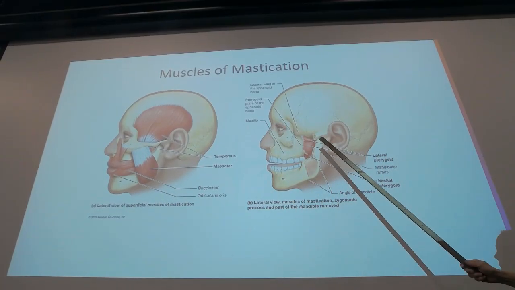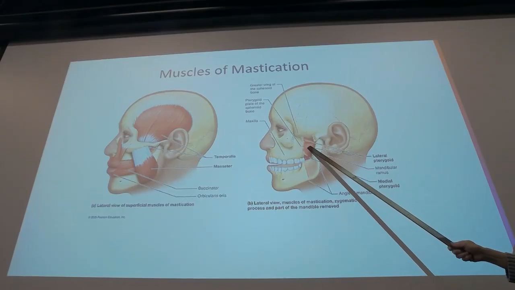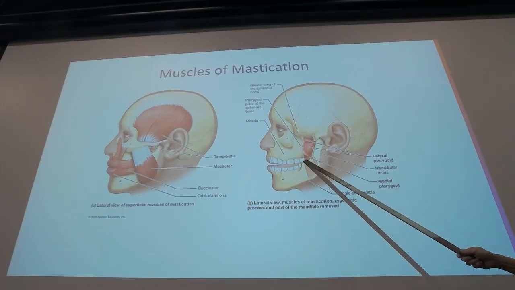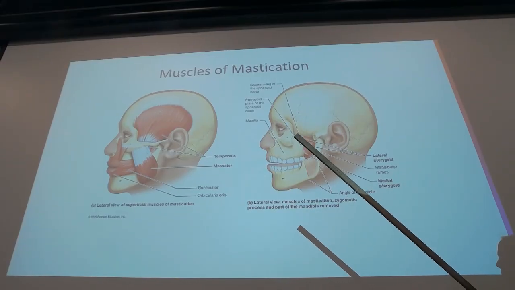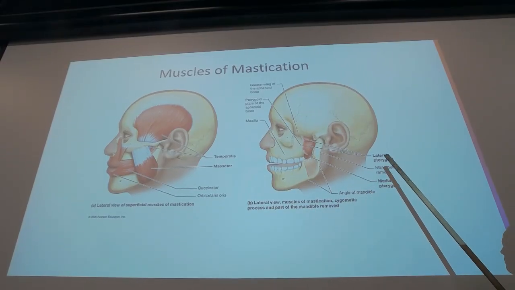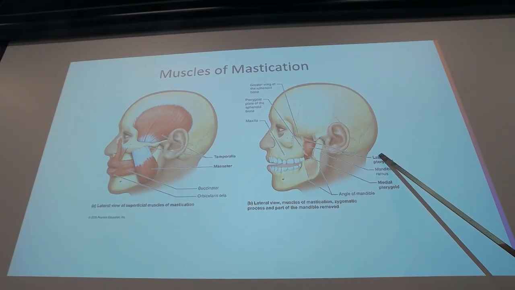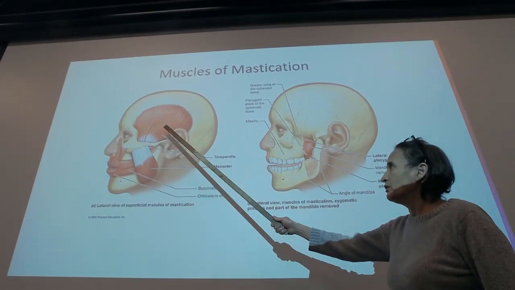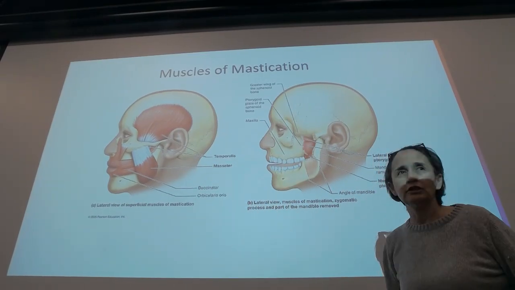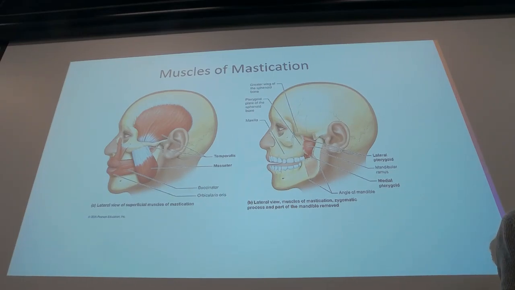And then here we have the lateral pterygoid and the medial pterygoid that help us produce this grinding motion. This one helps us to depress the jaw, while the rest, medial pterygoid, temporalis, and masseter, close the jaw. Any questions so far?